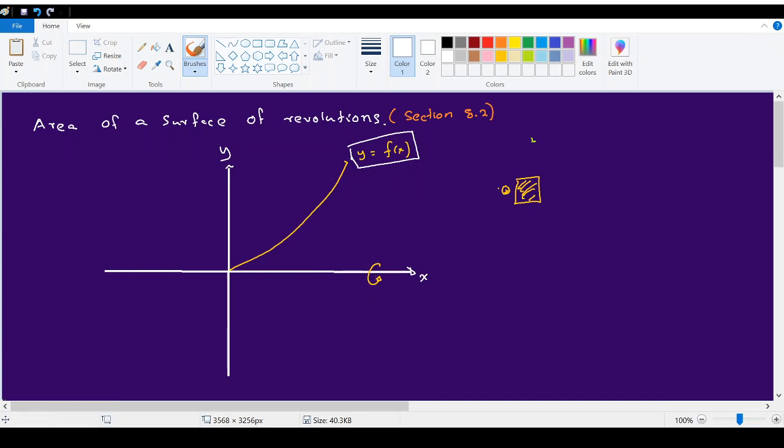Now keep in mind that the board that I am writing on is in the 2D space, okay? And if something comes out from this 2D space, it will form a three-dimensional object.